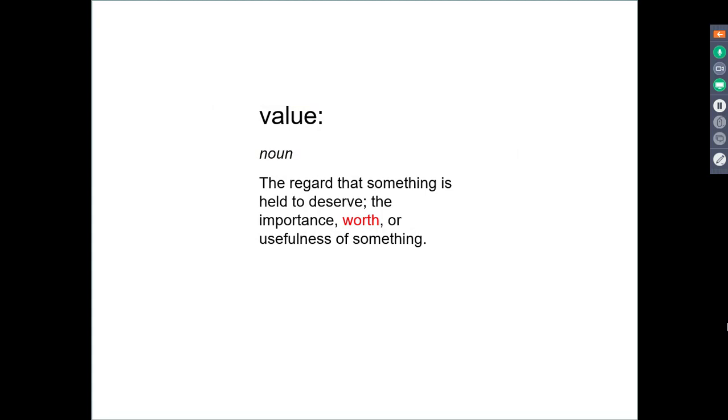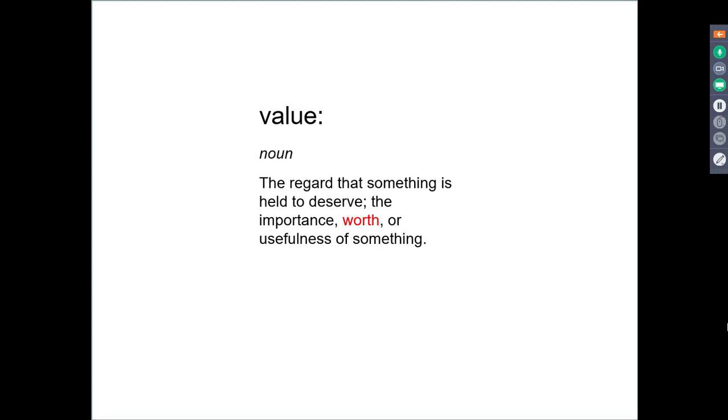So I just took this definition from the internet, but basically here's a definition of value. Value can mean different things in different contexts, as with most words, but this is the closest one to how it is applied to the concept of value proposition: the regard that something is held to deserve, the importance, worth, or usefulness of something.